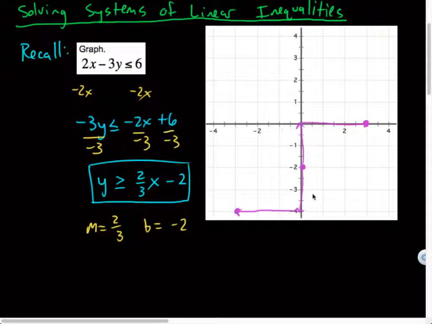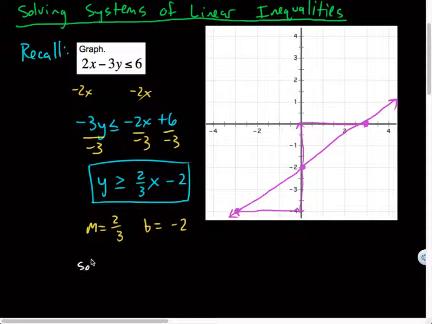Now question: would I expect this to be a solid line or a dashed line? Solid. How do you know? Because it could equal the line. Because it includes the equal to. Perfect. So it's a solid line. So let's make a little note of that.